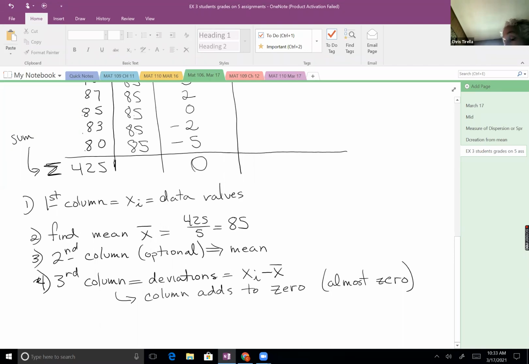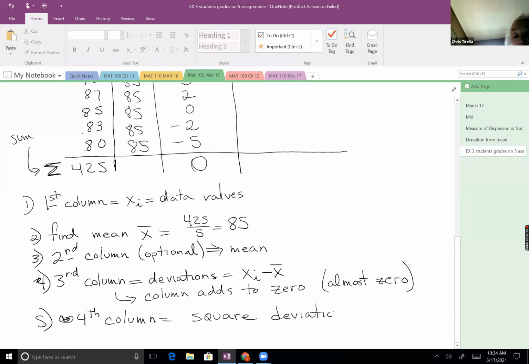So we have to do something to overcome the fact that some of those numbers are positive and some of those numbers are negative. And what's usually done in the next column, the fourth column, is we square the deviations.